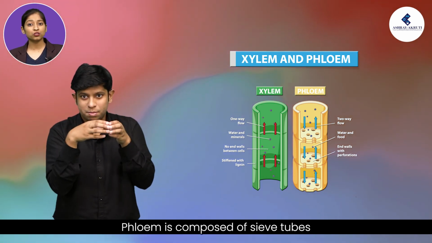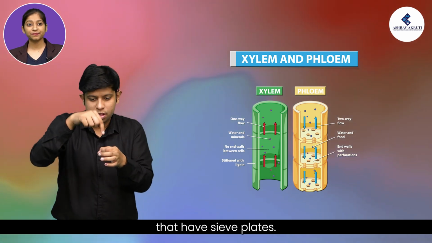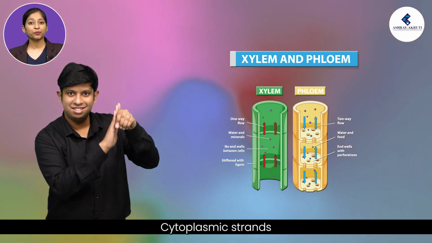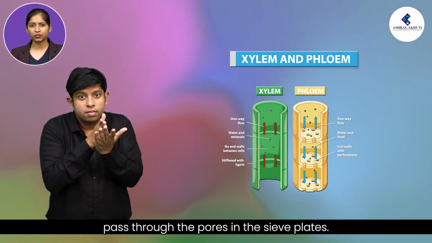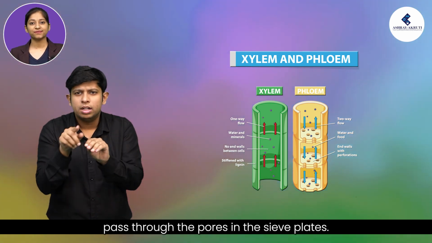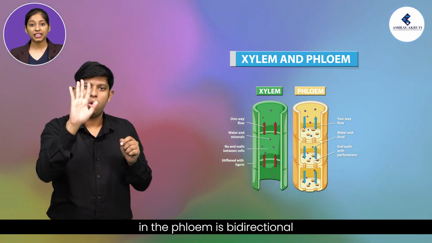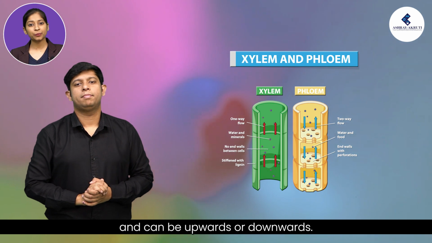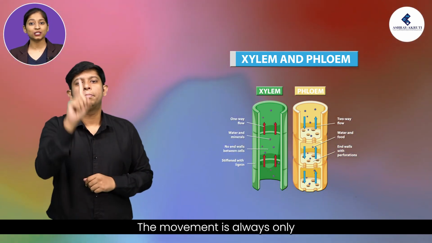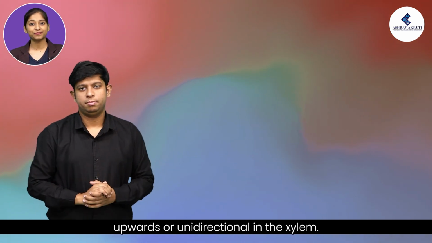Phloem is composed of sieve tubes that have sieve plates. Cytoplasmic strands pass through the pores in the sieve plates. The movement of substances in the phloem is bidirectional and can be upwards or downwards. The movement is always only upwards, or unidirectional, in the xylem.